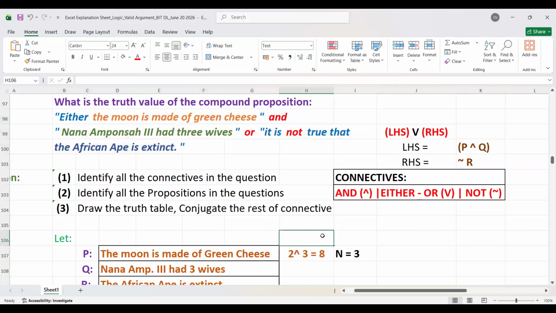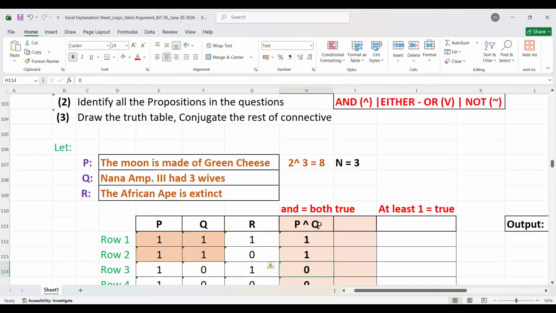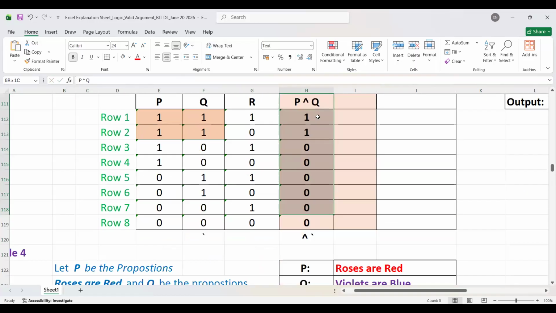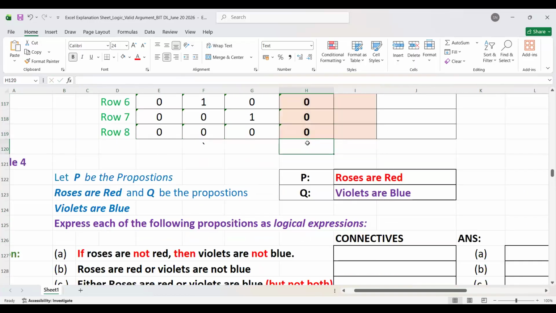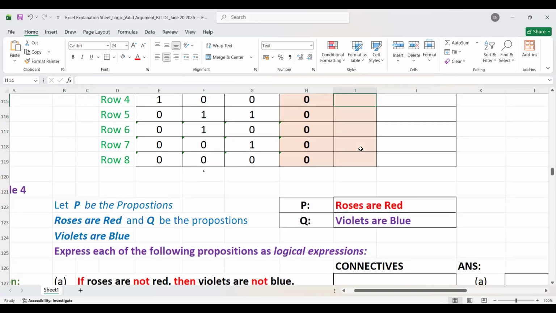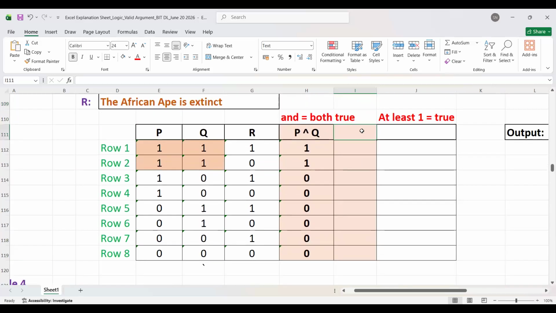So let's go back to our table. We have found P and Q. Now we must join P and Q with not R. So we need to create not R before we can join it with P and Q. Okay, so is it Akim? Please, how do you use negation? We said negation, when the original truth value is true, you negate it, it becomes false.